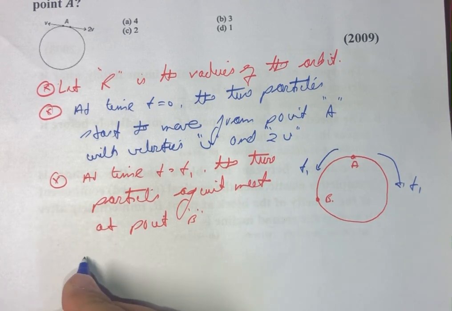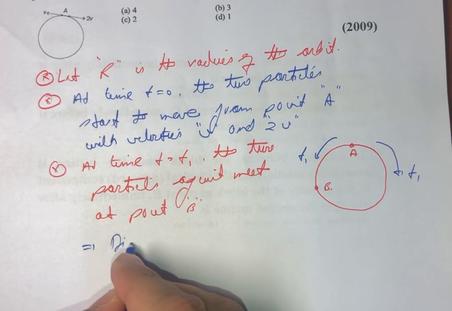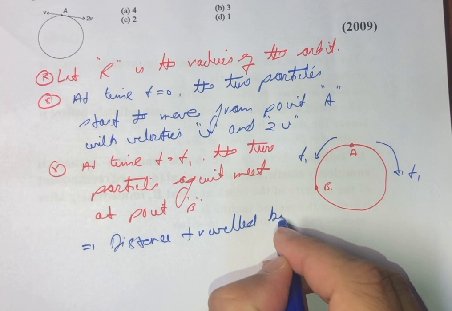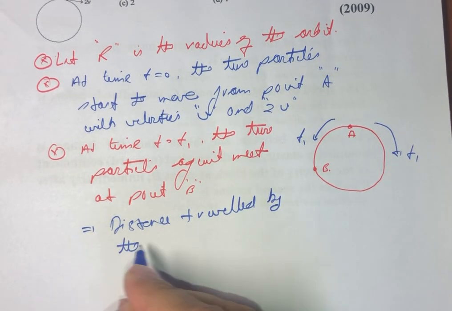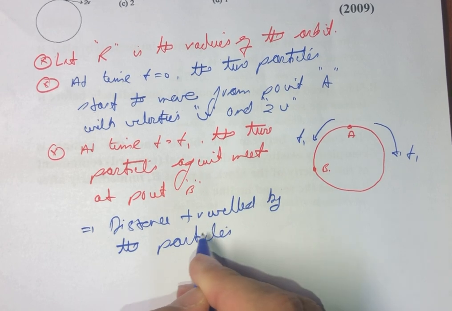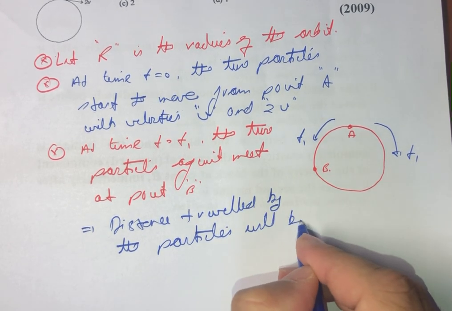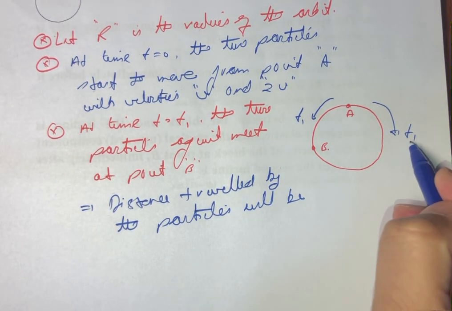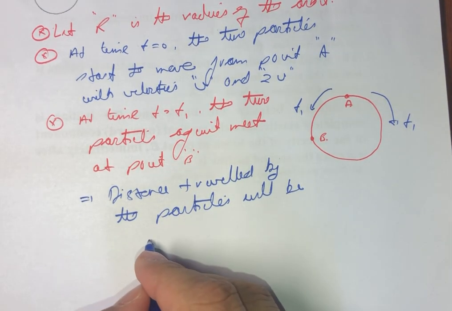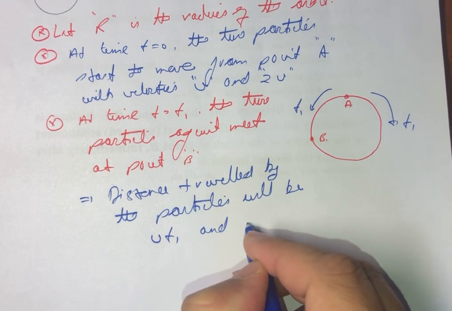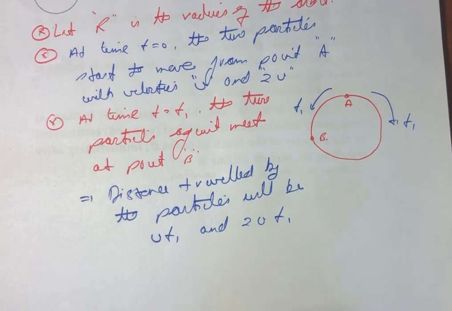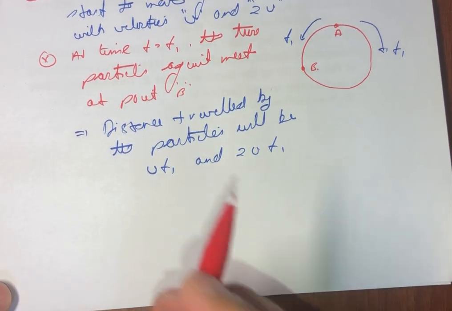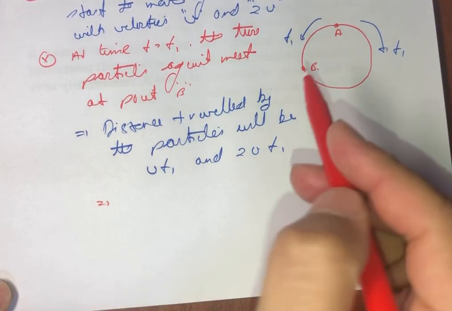Therefore we can say the distance traveled by the particles will be v times t1 and twice v times t1.